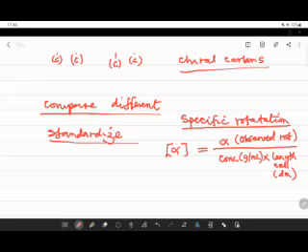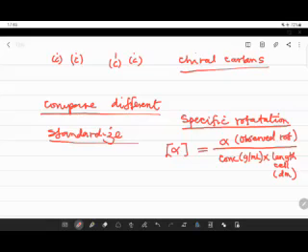So when you do an experiment, whatever rotation you observe, that is what is called the observed rotation. If you divide that by the concentration of the material you used times the length of the cell that you used, that gives you a specific rotation that can be compared to others.